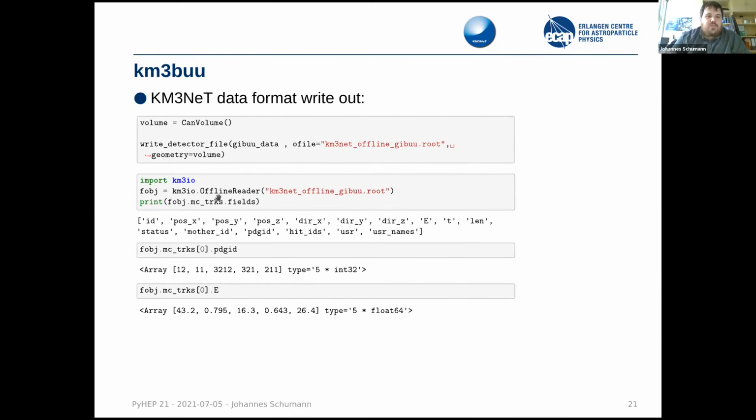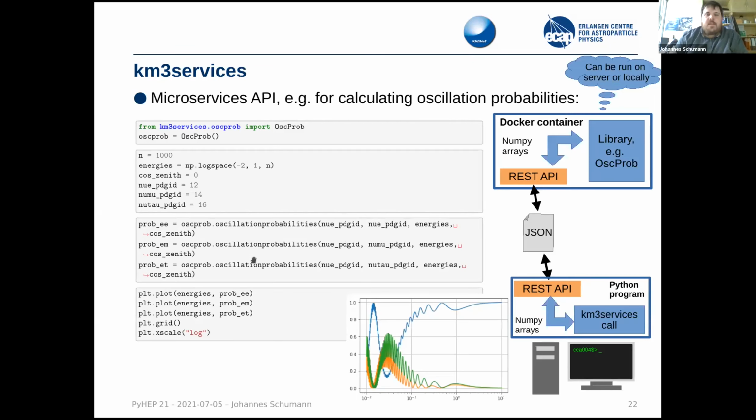And then we can just again use KM3IO to read this data, and you see that this is then a normal KM3NeT file, which can be used for further processing in our simulation chain.